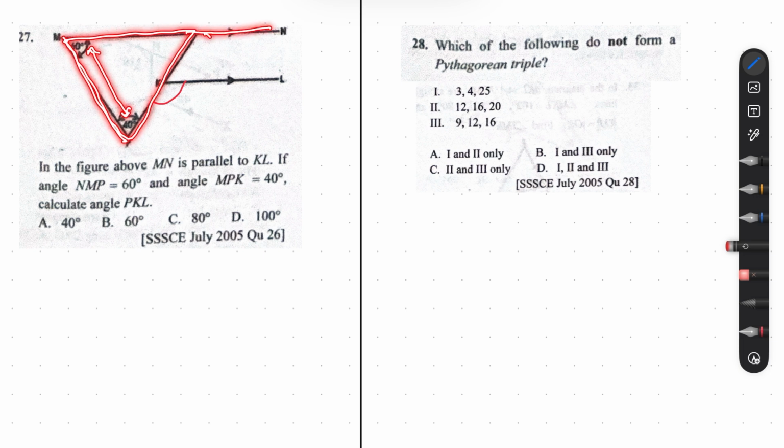So this angle here will be the sum of these two interior angles, 60 and 40, which gives us this exterior angle right here. That angle is 60 plus 40, which is 100.